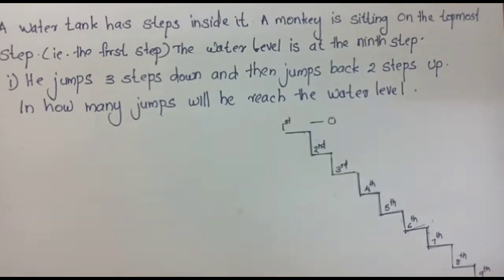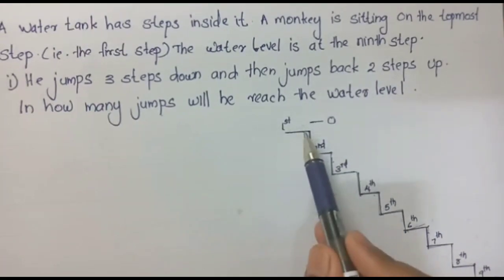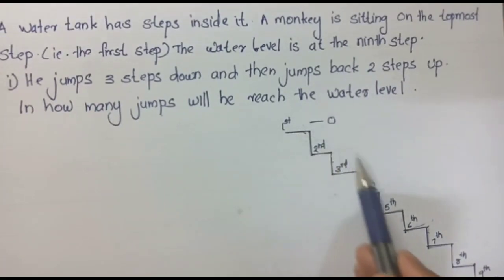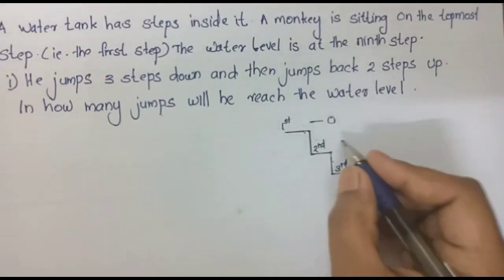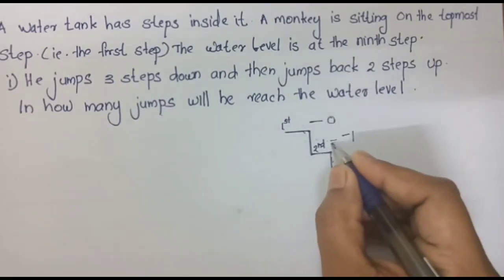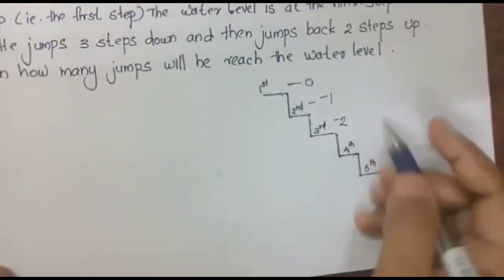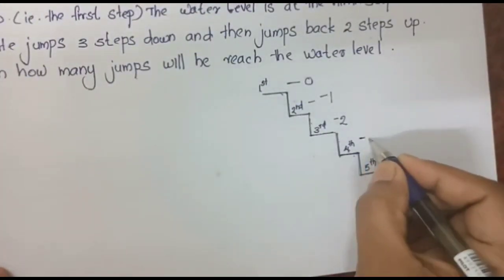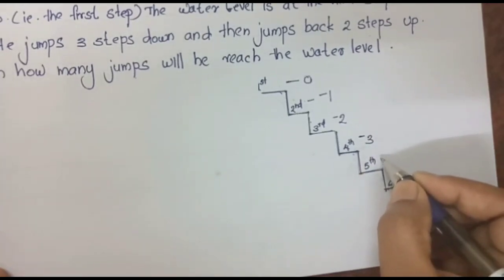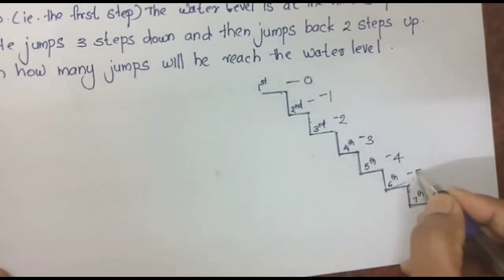Now there are 8 more steps below. Since they are below the first step, we will take this as negative. So we will mark this like -1, here -2, -3, 5th step -4, 6th step -5.